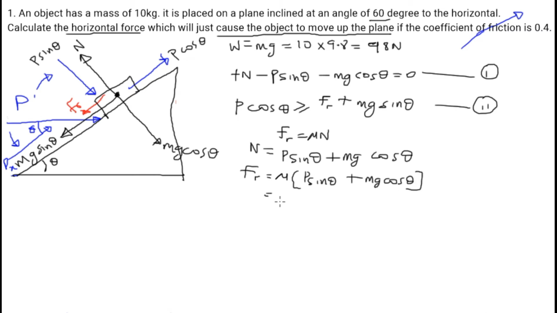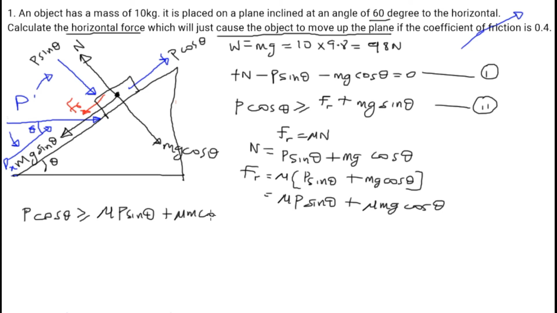Upon distribution of mu, I'll have mu P sin theta plus mu mg cos theta. Now this can be substituted into equation 2, so that equation 2 becomes P cos theta greater than or equal to mu P sin theta plus mu mg cos theta, plus mg sin theta.